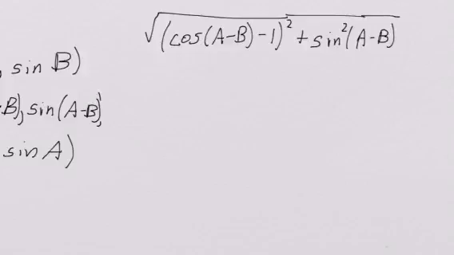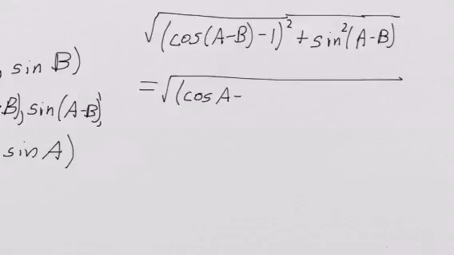I'll go ahead and put the square on the sine. That's going to equal the square root of, so we have the change in x, that's going to be cosine A minus cosine B, squared. And same thing for the sines.